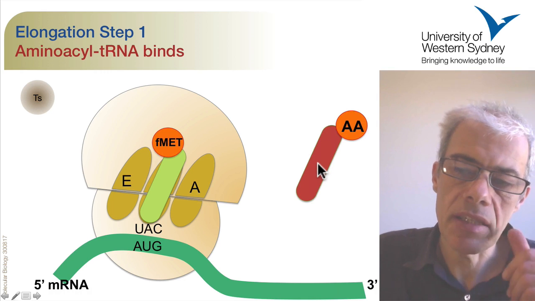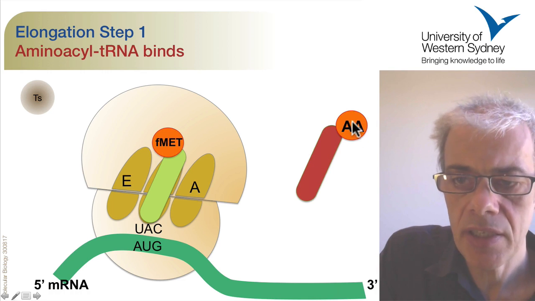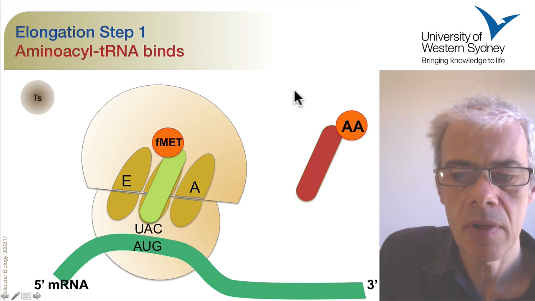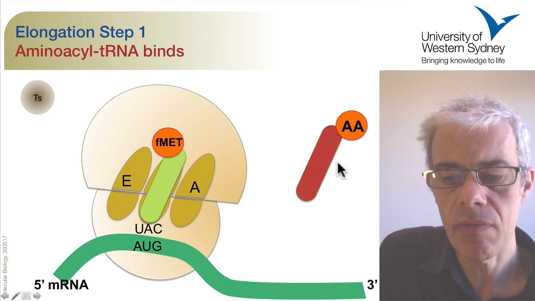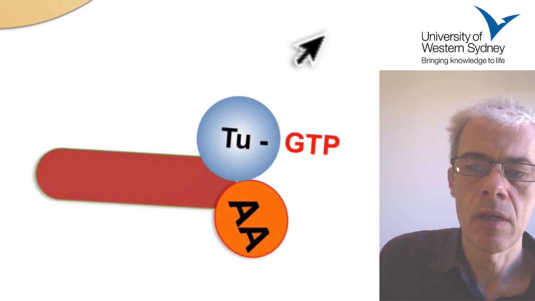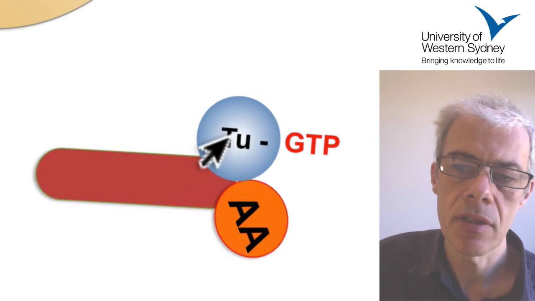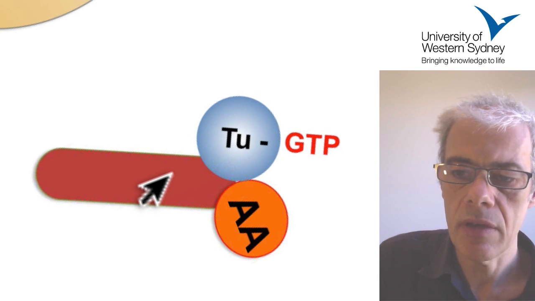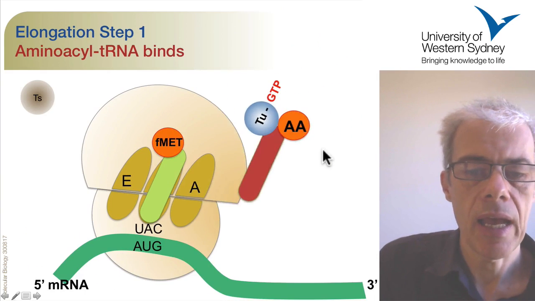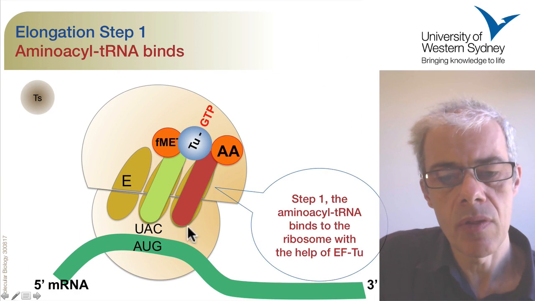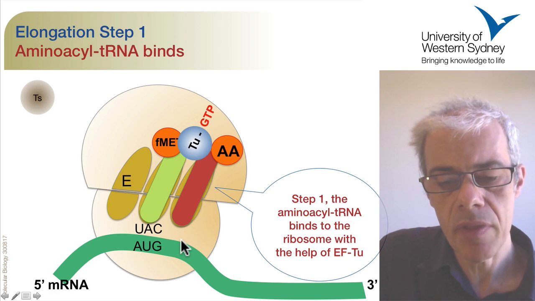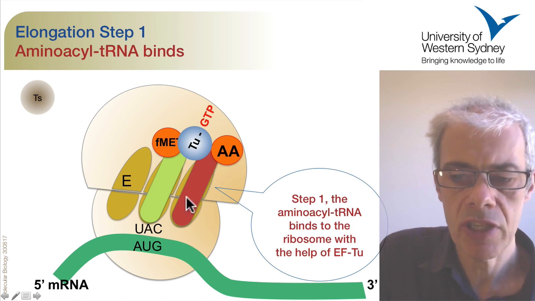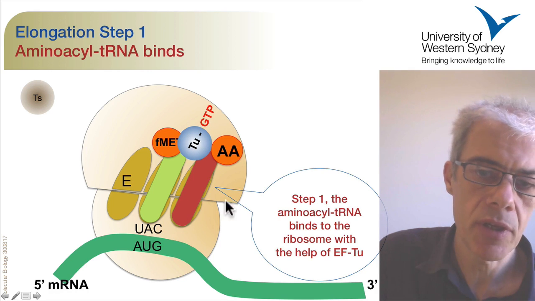Here's the next transfer RNA with its amino acid, whose anticodon matches the codon here. Some helper proteins such as EF-Tu-GTP bind to the transfer RNA, and there's matching here of the anticodon and codon, and the aminoacyl transfer RNA binds to the ribosome.